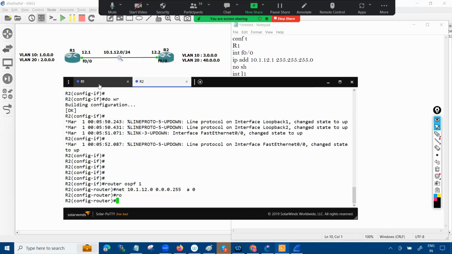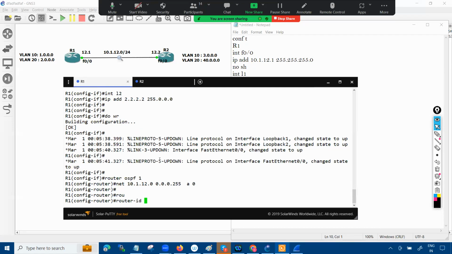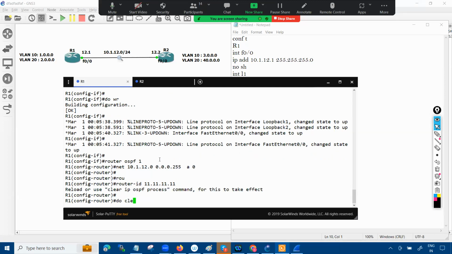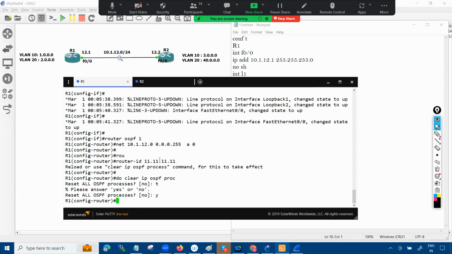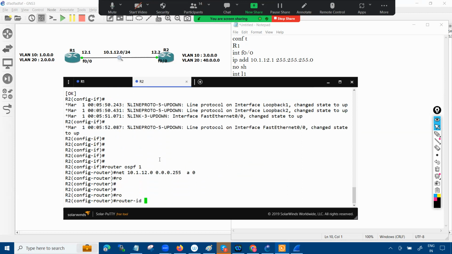Okay, let's leave it. Of course, the router ID will go with 2.2.2.2. Okay, one minute. Let me change the router ID to 11.11.11.11. I think they have already elected the router ID, so I need to restart the process.